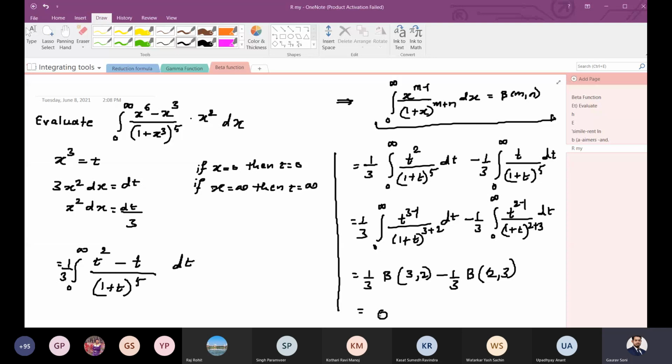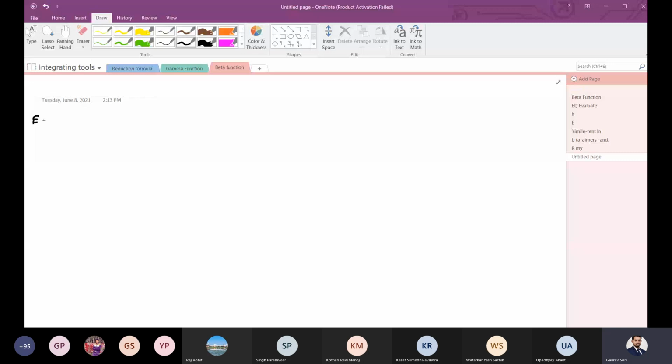So this type of MCQ can be asked like this, where you easily just have to use the formula properly. So evaluate the integral 0 to infinity of x raised to 8 into (1 minus x raised to 6) upon (1 plus x) raised to 24. Do it.